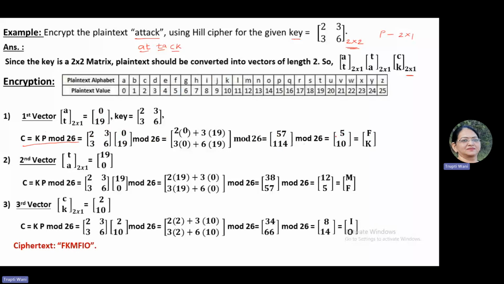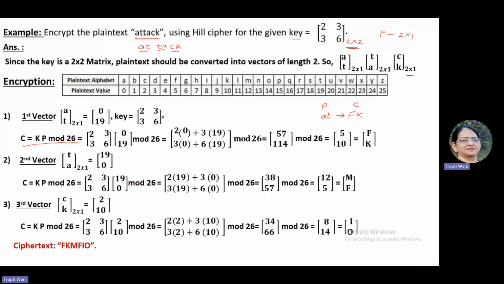Convert 5 and 10 into letters, that is F and K. So our plain text AT is converted to FK as ciphertext. So this is plain text and this is our ciphertext. Same method we will use for TA and CK.